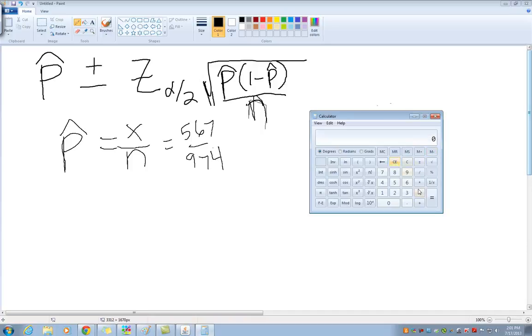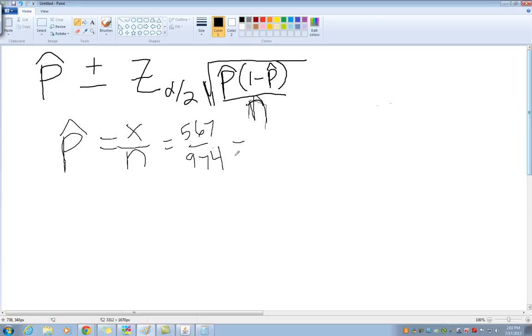Let's clear this out. Clear it again. 567 divided by 974 equals 0.58. So let's go out to 4 decimal places for now.